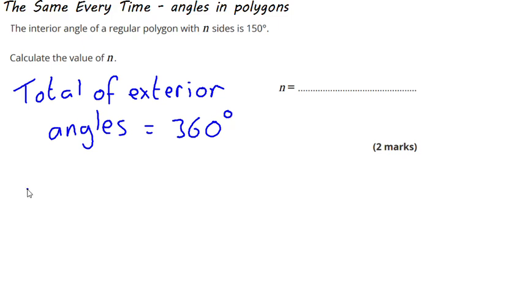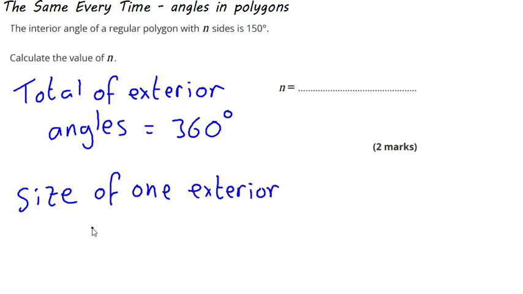So the size of one exterior angle is going to be 360 divided by the number of sides.